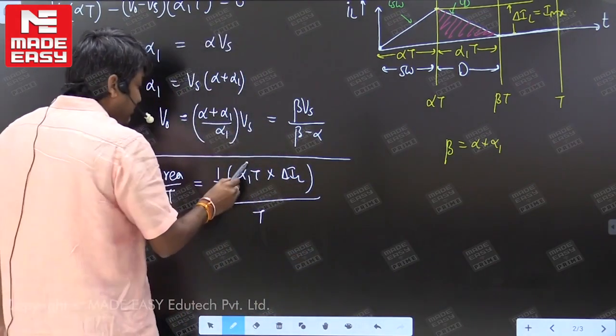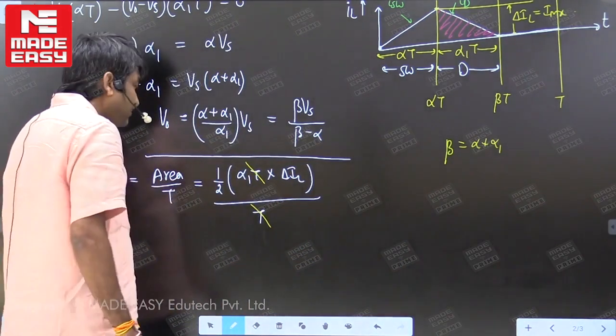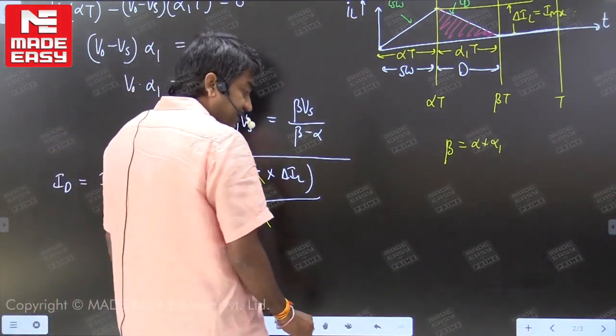So the time period will cancel anyhow. What is the ripple current in this case?